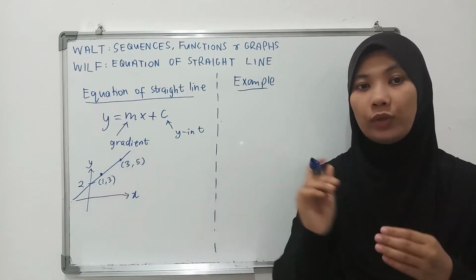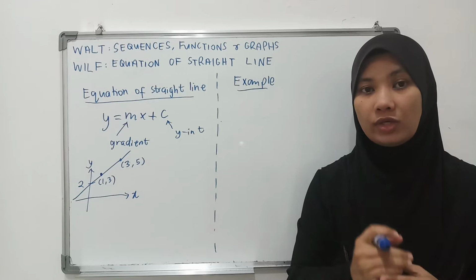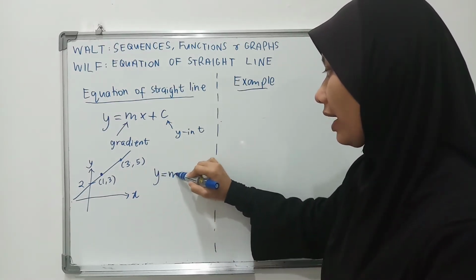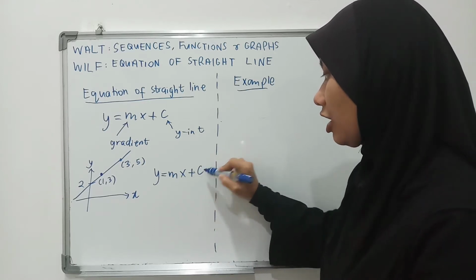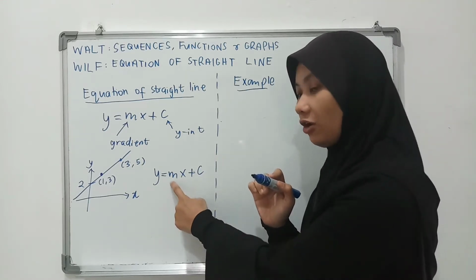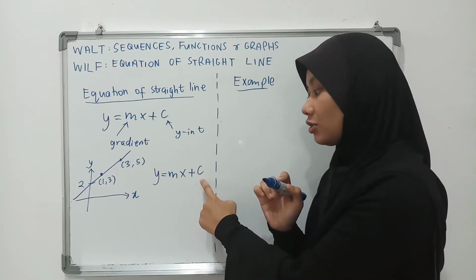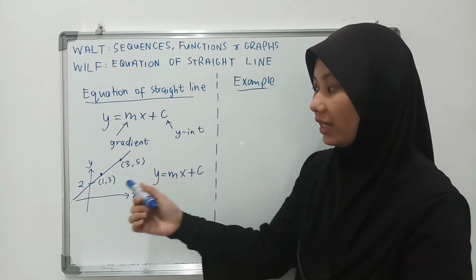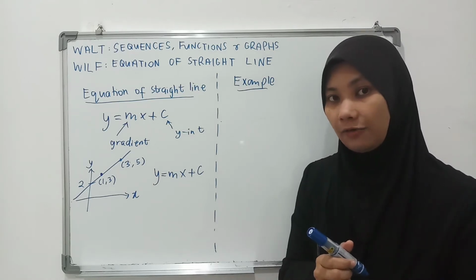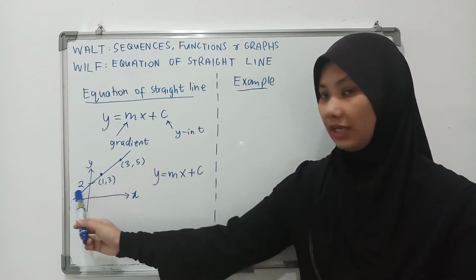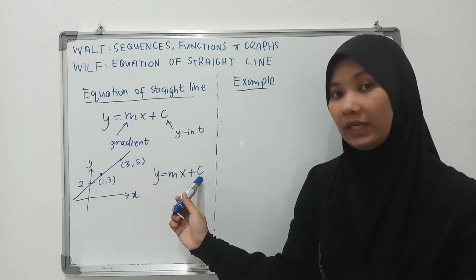Whenever we want to give the equation of a straight line, we need to relate it to y equals to mx plus c, where we need to know the value of the gradient and the value of the y-intercept. So what is the y-intercept in that graph? For that graph, the y-intercept is obviously just 2. So we can key in 2 in here.